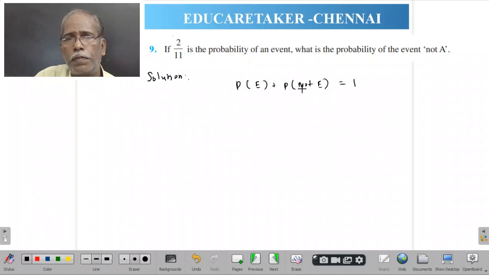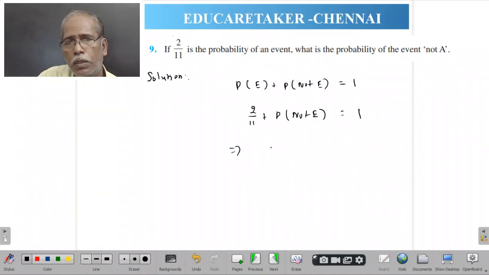Then probability of not E is required. P of E is given as 2 by 11. So 2 by 11 is P of E, plus P of not E is equal to 1. Then the probability of not A is 1 minus 2 by 11, that is 9 by 11.